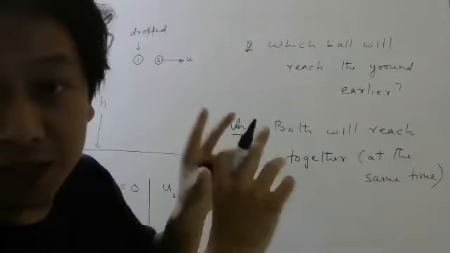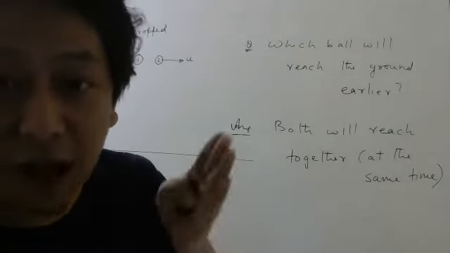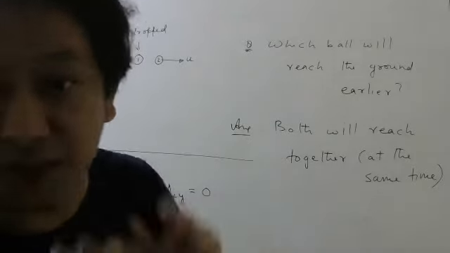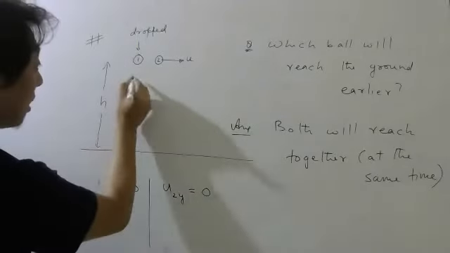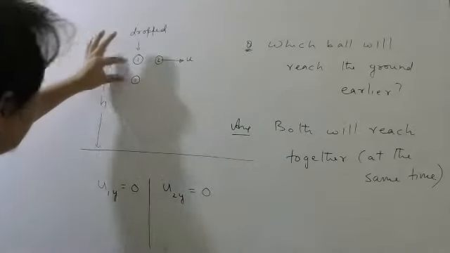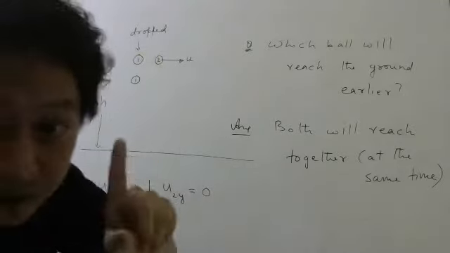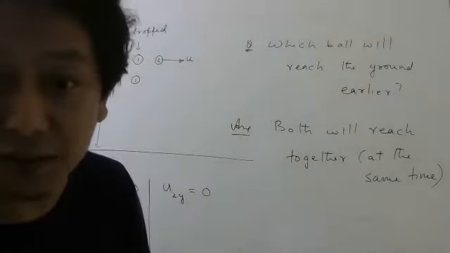Suppose I take pictures of this motion after every 1 second, and I try to show you how it will look. Look here. After 1 second, ball number 1 will be here, covering this much vertical distance. Now, ball number 2 also should cover the same vertical distance. Why, sir?